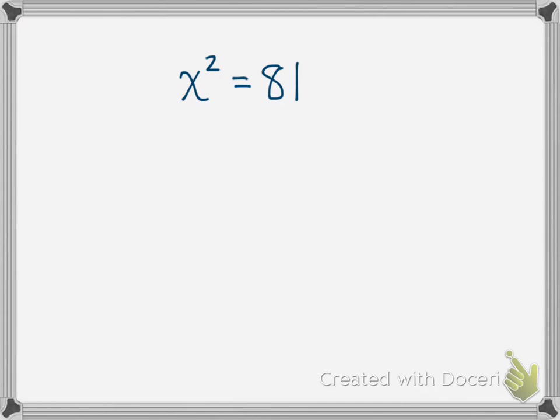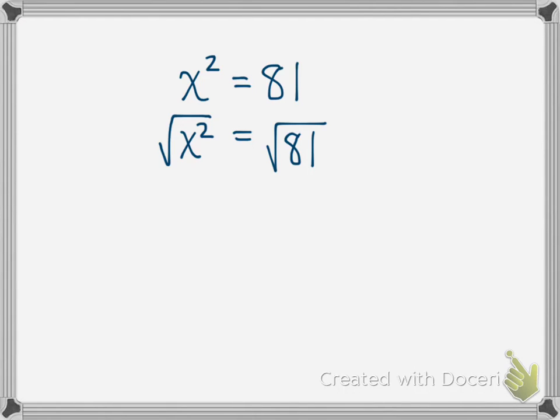What I want to do is take the square root of both sides of this equation. The square root of x squared is equal to the square root of 81. That's really what I'm doing when I solve an equation with a square in it like this. I can take the square root of both sides because we just showed that the property of equality will hold.